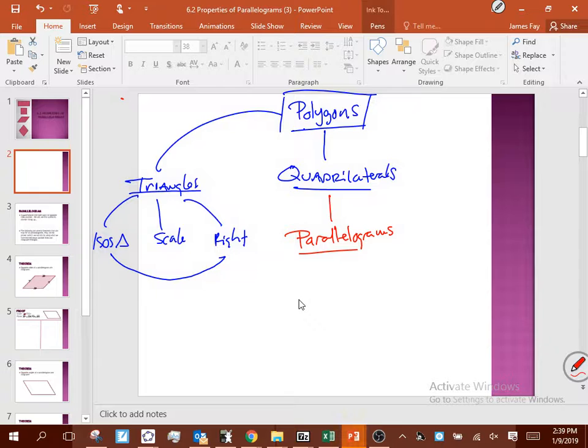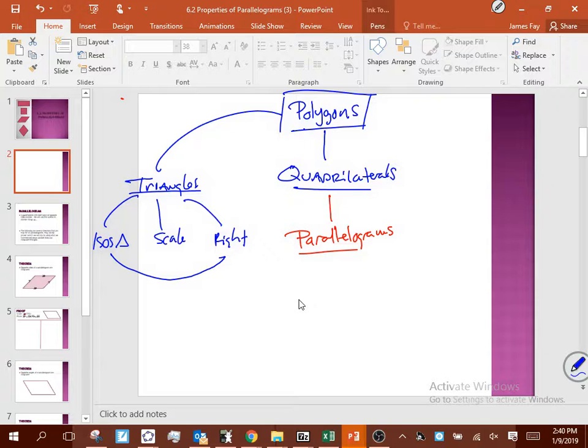We're going to learn the features that make a parallelogram a little bit more special than just a generic quadrilateral. It's like when we were in triangles and we asked, what are the features that make an isosceles triangle different than just an arbitrary triangle? And it was the congruent sides. So when we talk about parallelograms, there's going to be a feature that distinguishes them from just any other four-sided figure.